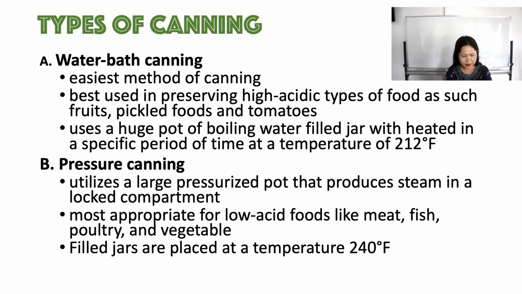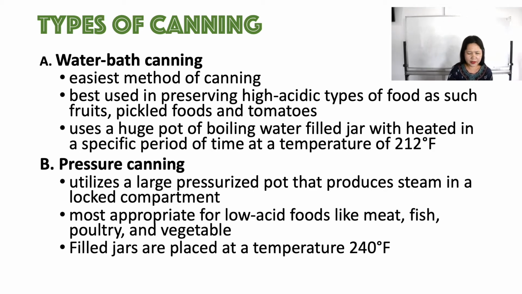Letter A. Water bath canning is the easiest method of canning, and it's the best way of preserving high acid foods such as fruits, pickles, and tomatoes. It uses a hot bath of boiling water; the filled jar is heated for a specific period of time at a temperature of 212 Fahrenheit.